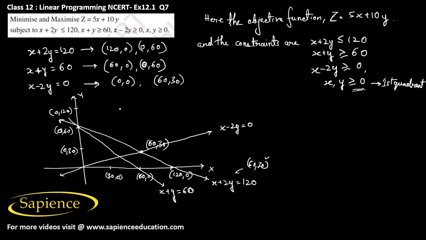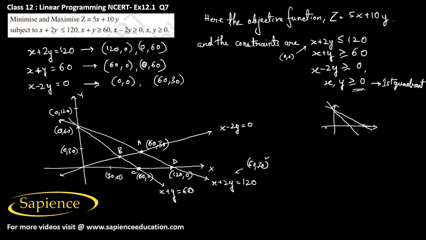So now we have to find the coordinates of the corner points, which are A, B, C, and D. Here, actually, first we need to see that this inequality satisfies the origin. Origin will satisfy this inequality. So therefore, here the shape is somewhat like this. We can draw one rough diagram of this graph here also.